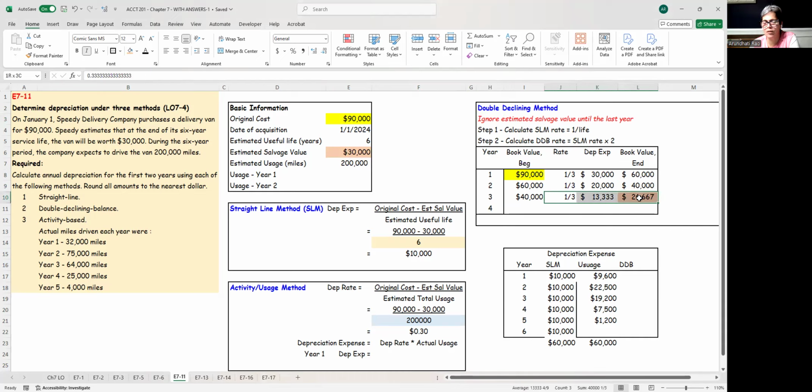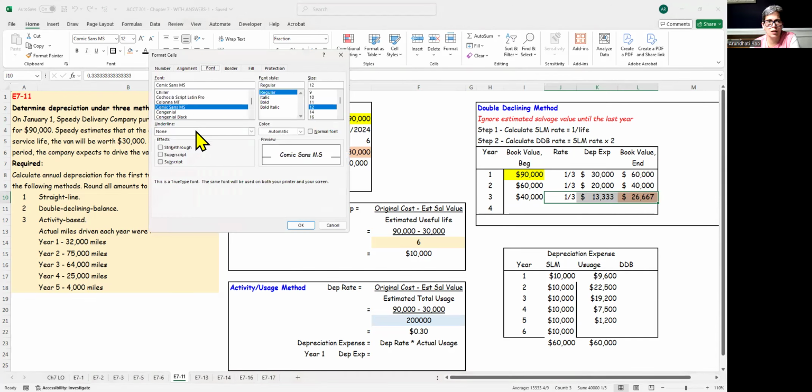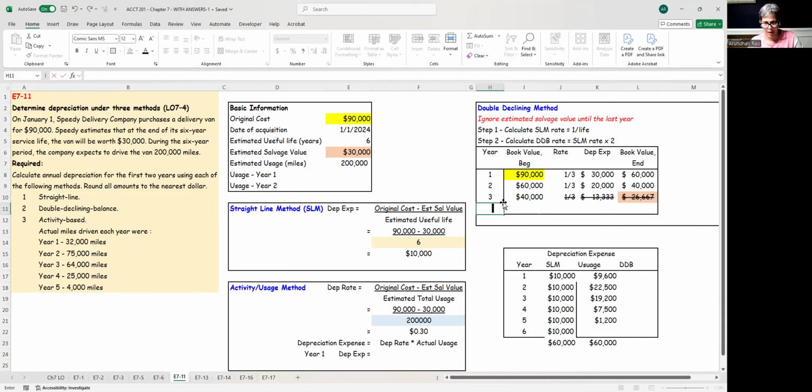So what I need to do over here is strike this out, strike that out. And I'm going to say for year 3, the way I'll calculate depreciation expense is not a third, but I will start out by saying, I want this number to be 30,000, the ending book value. My beginning is 40, beginning of the year. Therefore, I should depreciate 40 minus 30.